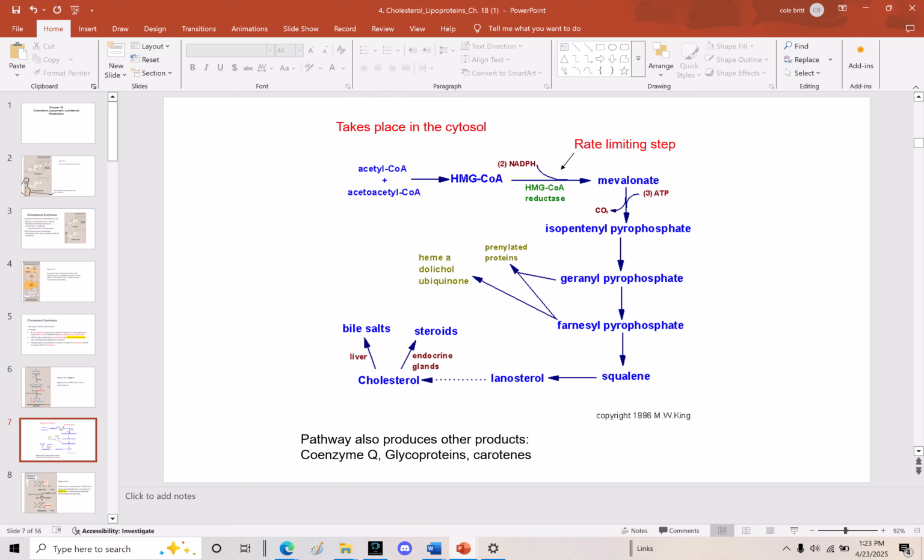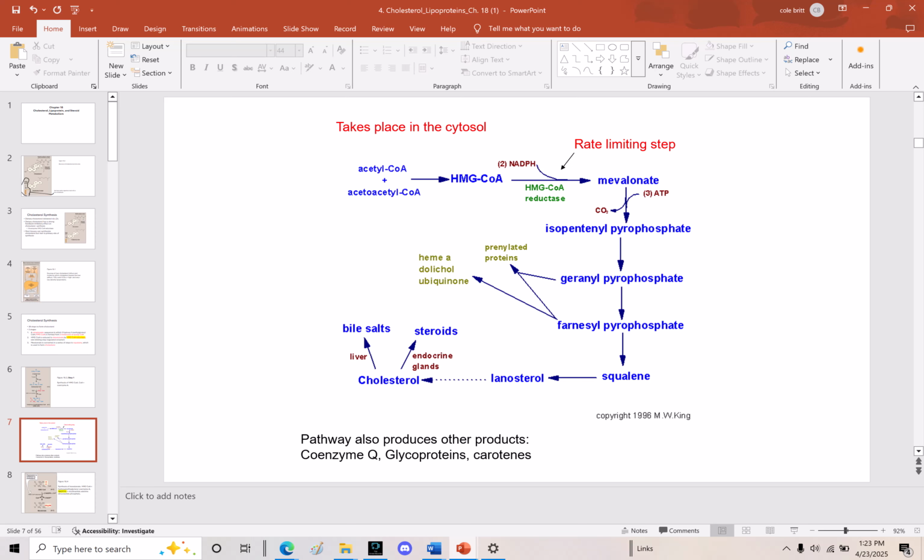So step 2 here is where we take HMG-CoA and we reduce it. Look what we're reducing it with. We're using NADPH, which we also needed when we did fatty acid synthesis. The reducing power, so basically we're moving electrons from NADPH to this cholesterol molecule, HMG-CoA.